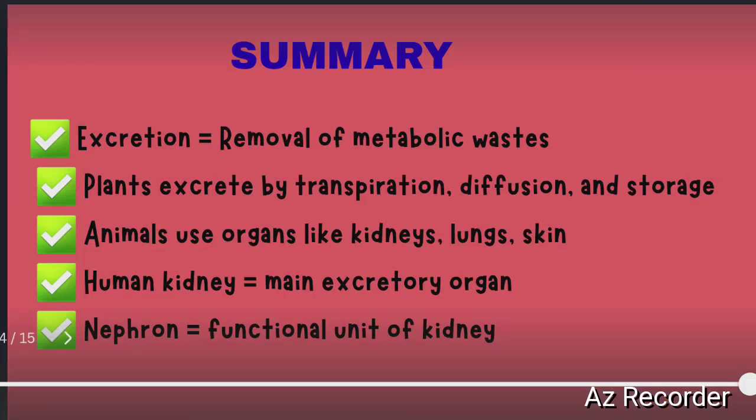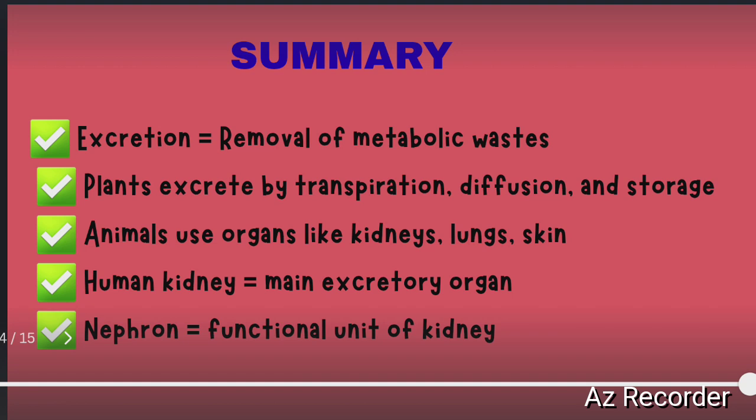What we discussed till now: excretion is the removal of metabolic waste. Plants also excrete by transpiration, diffusion and storage. Animals use organs like kidneys, lungs and skin. In humans, the kidneys act as the main excretory organ, and the nephron is the functional unit of a kidney.